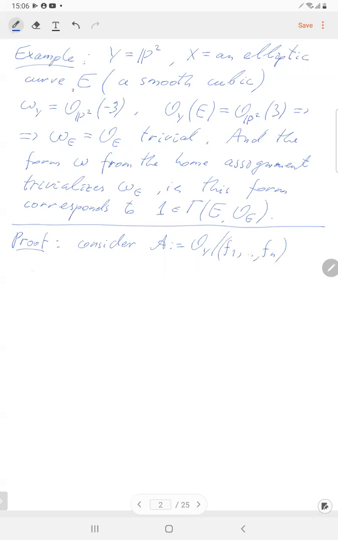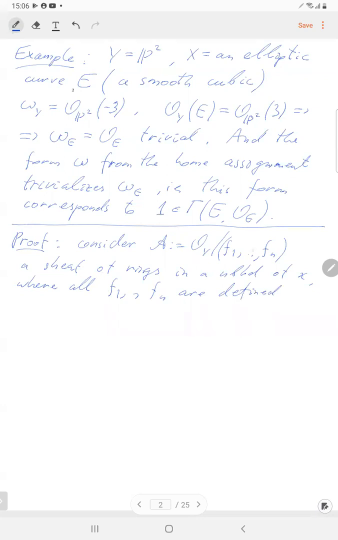Okay, so it's a sheaf of rings in a neighborhood of x where all f1 and so on, fn are defined.